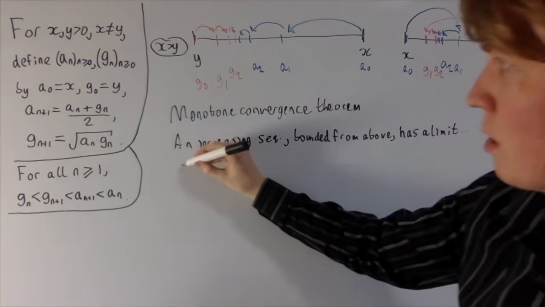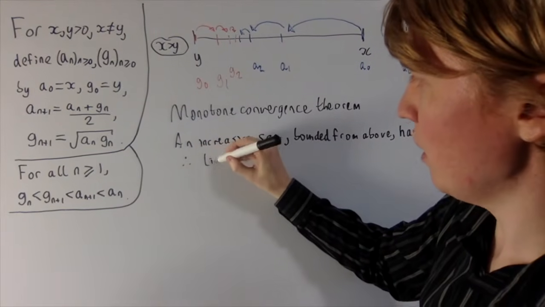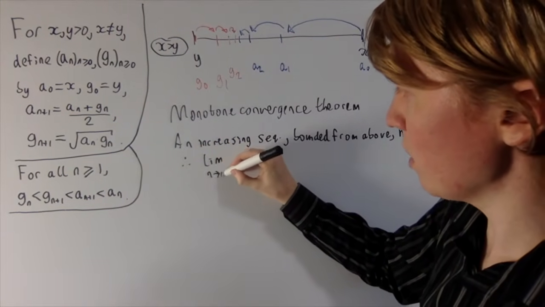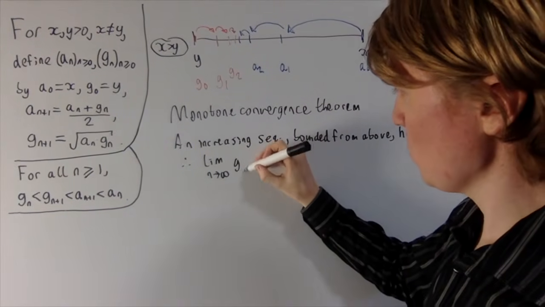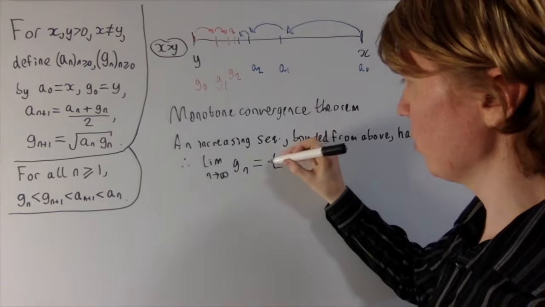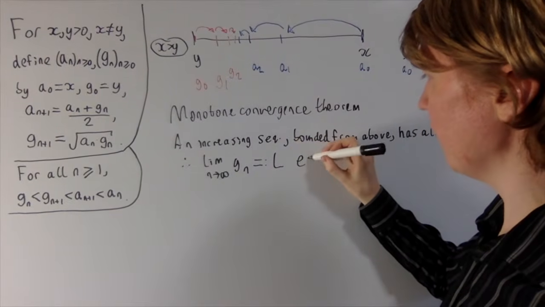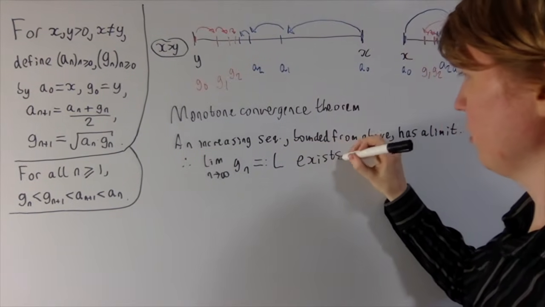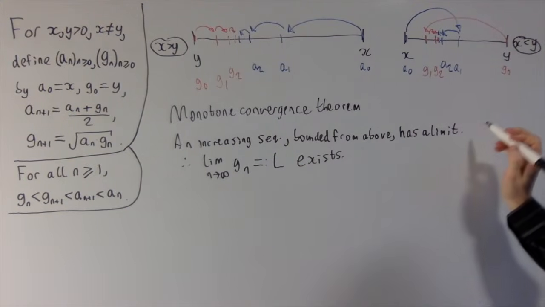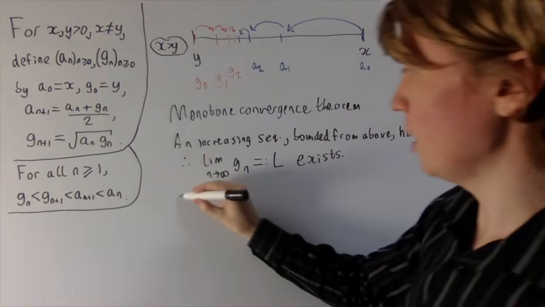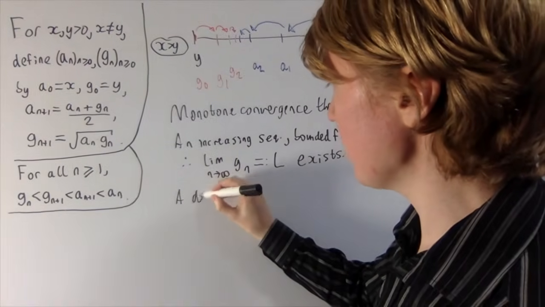So this tells us that the limit as n goes to infinity for the increasing sequence Gn exists, and then we can call this L. And then similarly for a decreasing sequence bounded from below, this also has a limit.